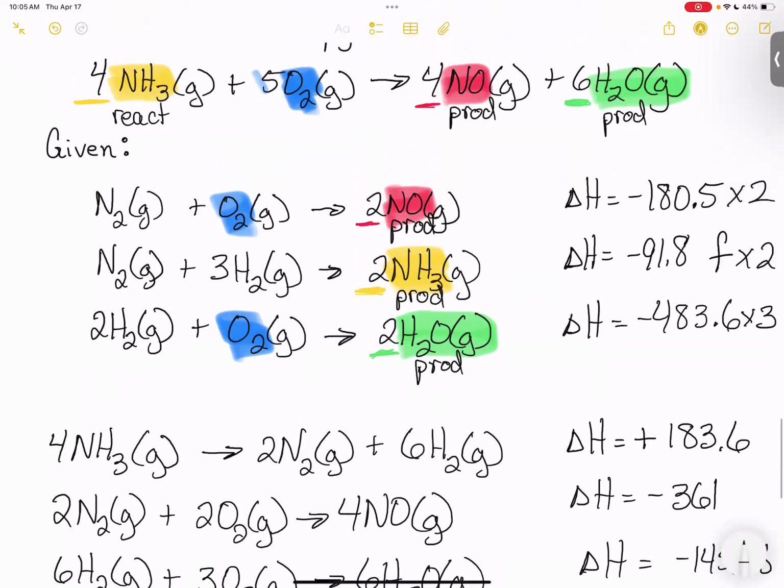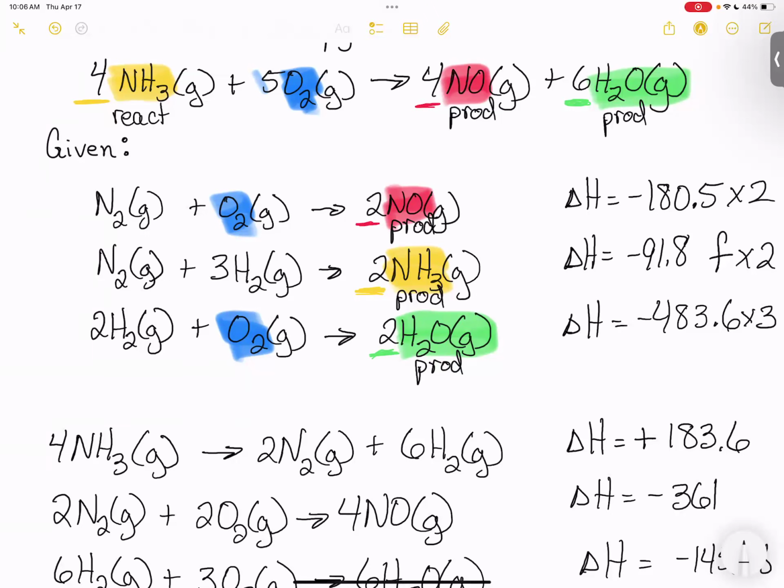So folks, all I've done so far, I'm trying to make sure, is my target reaction. With that target reaction, I needed NH3, so I found NH3.